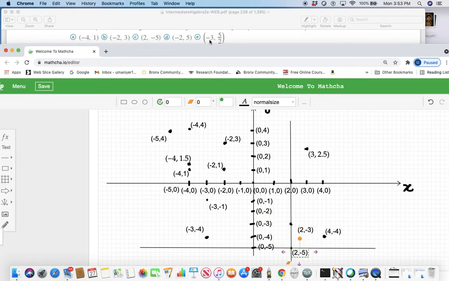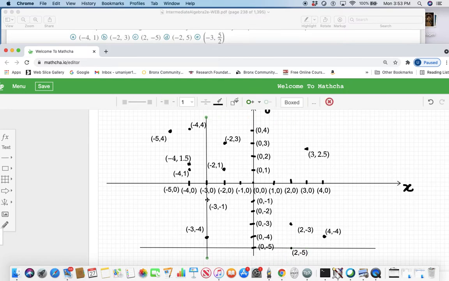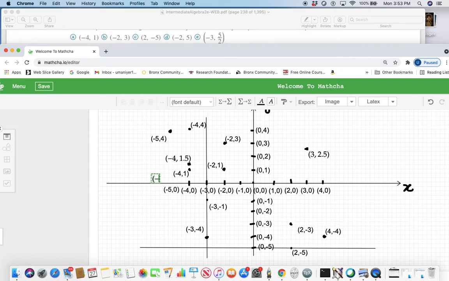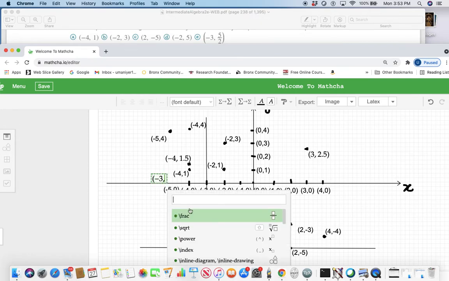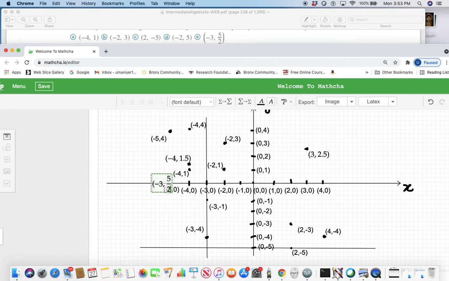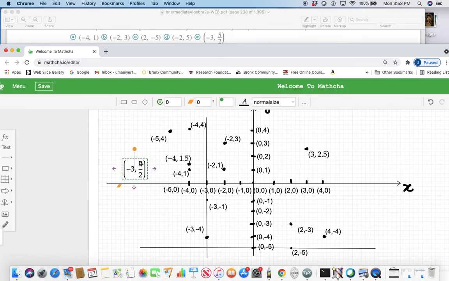Okay. Lastly, negative 3, 5/2. On the x-axis, you want to be at negative 3. So that's your x coordinate. And y coordinate is 5/2. You want to know where to place this point. My coordinate plane is getting cluttered. So let me see.